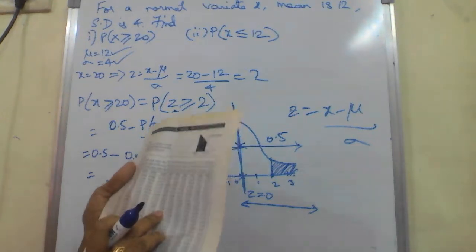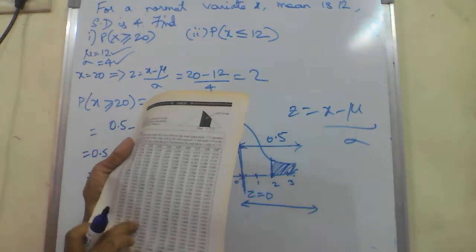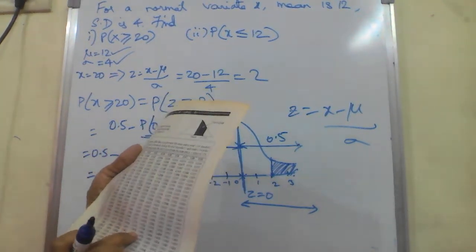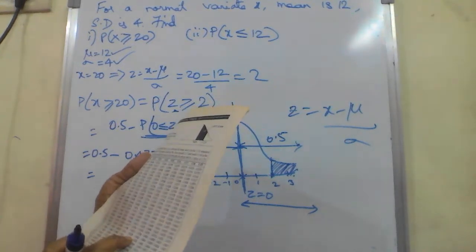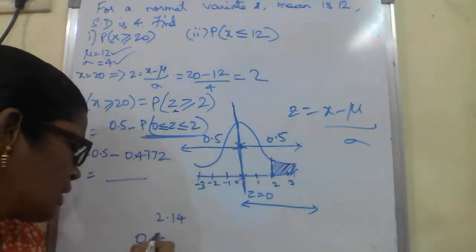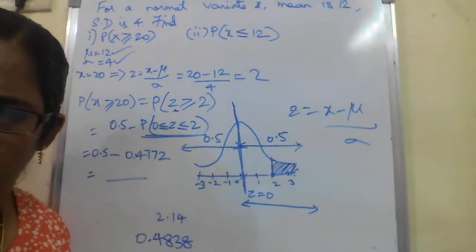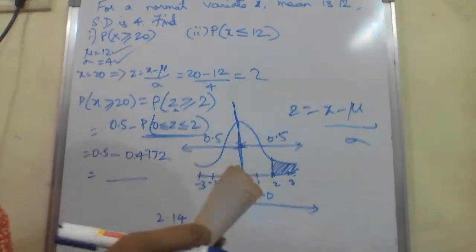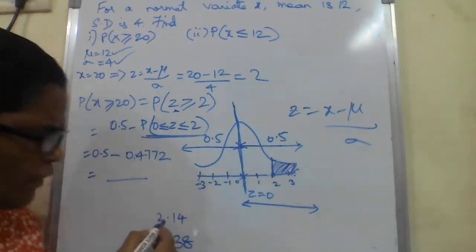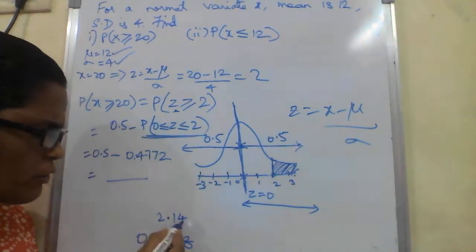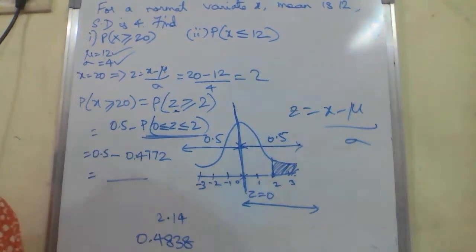So for that particular value 2.14, whatever value you have here, it is 0.4838. You check from the table I have explained. So if I want to find the value of 2.14, this is the way you have to look at the table I am telling you.